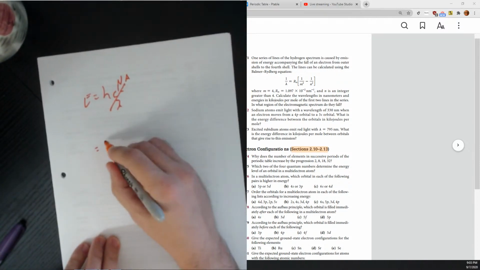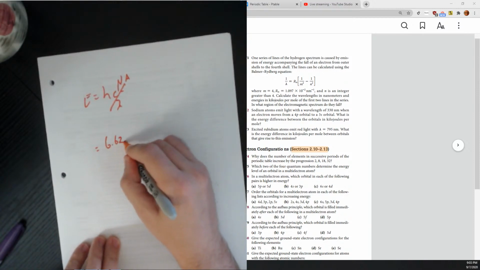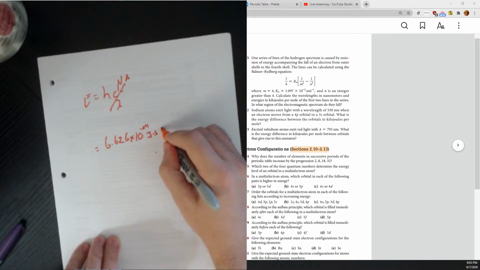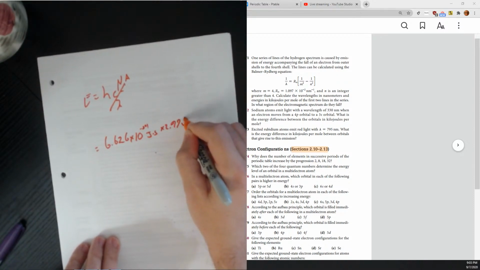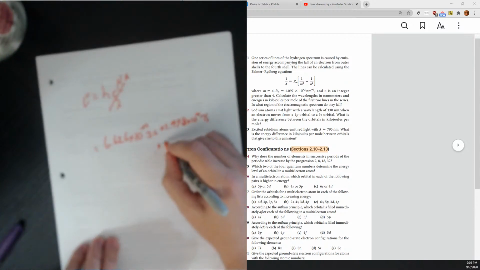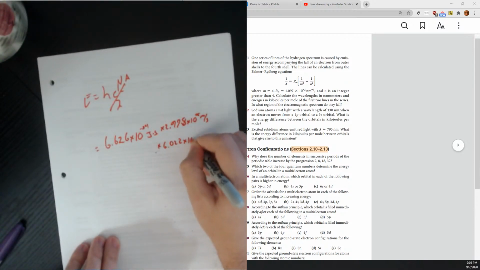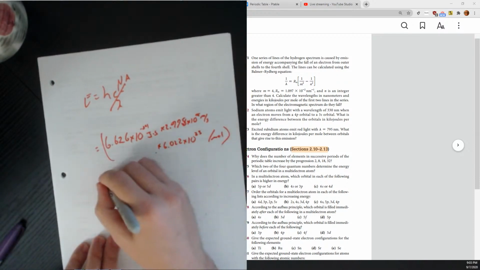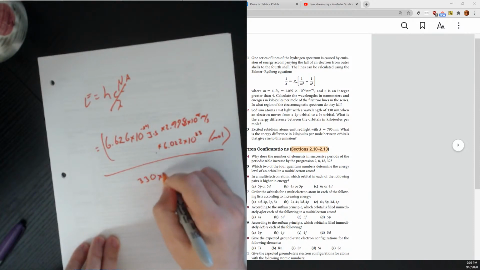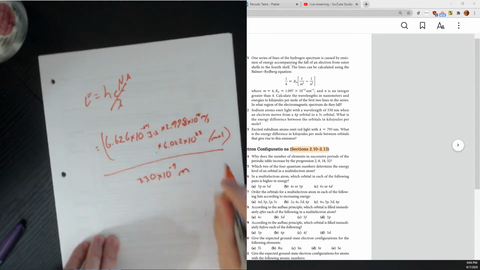So, 6.626 times 10 to the negative 34th joule seconds, 2.998 times 10 to the 8th meters per second, times 6.022 times 10 to the 23rd per mole, divided by 330 times 10 to the negative 9th meters.